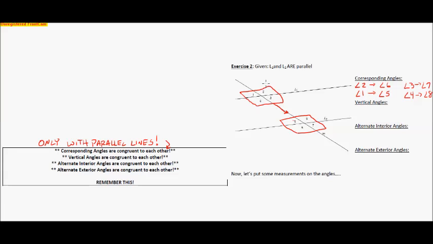If I could say this angle right here was 120 degrees, well, that would tell me that angle 6 is also 120 degrees, since they are corresponding. Alright, they are congruent with each other. And I could do the same over here. I could say this one was 60 degrees, and if angle 1 is 60 degrees, that means that angle 5 is also 60 degrees because they're corresponding.